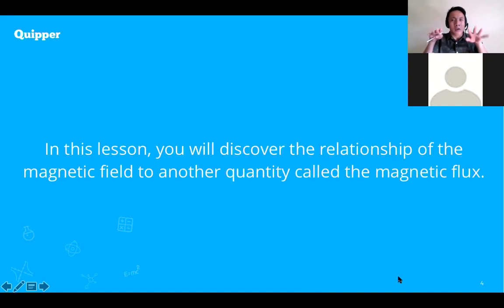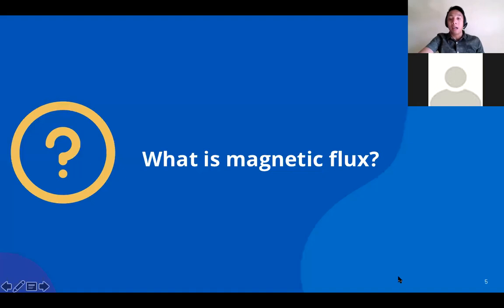So they are not that similar. Yes, there is a path for the magnetic field, but not the same as the electric field. Okay? And another quantity called the magnetic flux, and this will be our main topic for today, so you need to listen. So what is a magnetic flux?